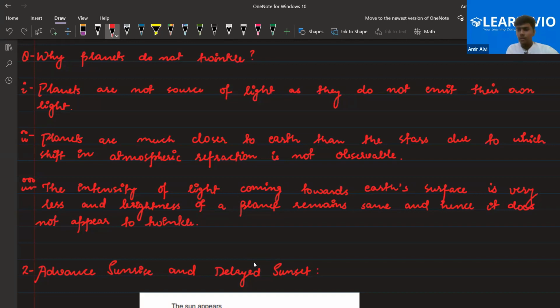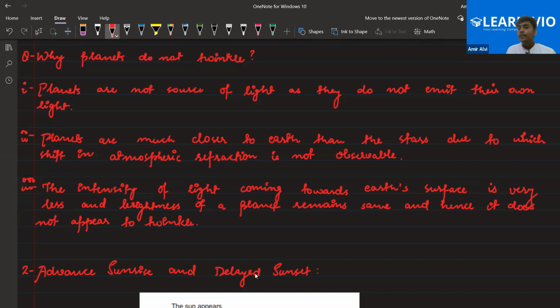To measure the atmosphere, we use a barometer. No, that is pressure, Aisha. A barometer is used for atmospheric pressure, not atmospheric refraction. Sorry, you are asking about atmospheric pressure? Okay, so that is a barometer. I heard that you were asking atmospheric refraction. Sorry for that.